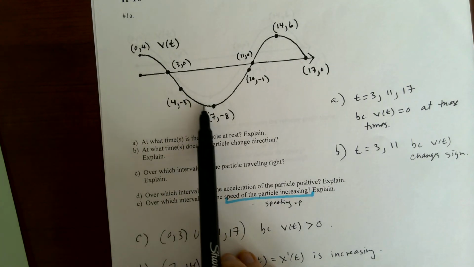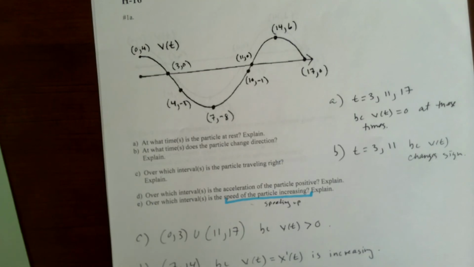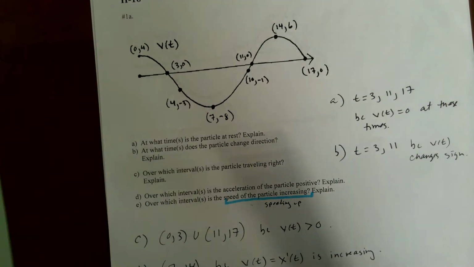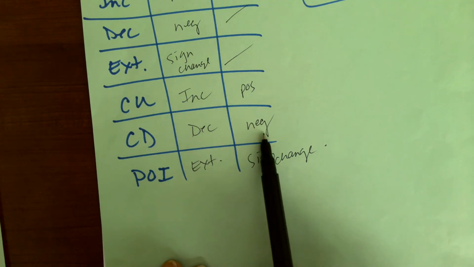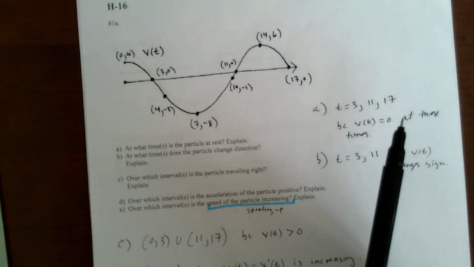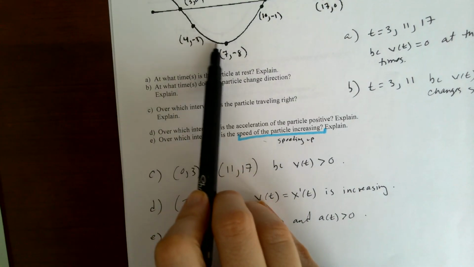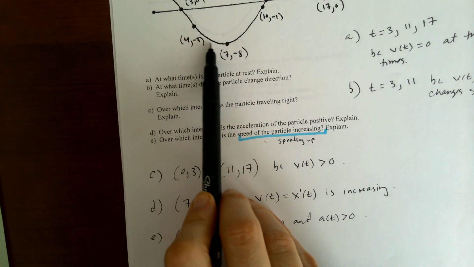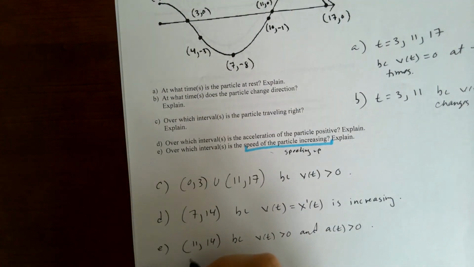That's how I should be phrasing it: where velocity is decreasing, acceleration is negative. So it's this part here where both velocity and acceleration are negative.